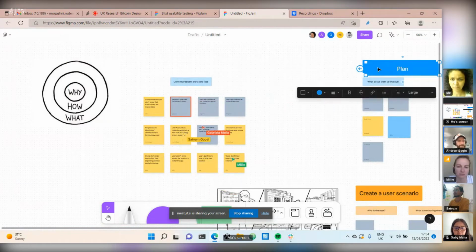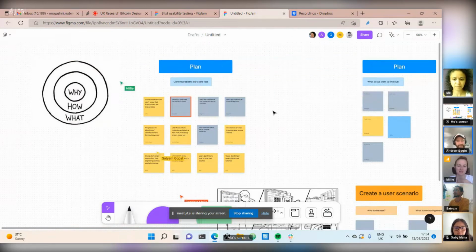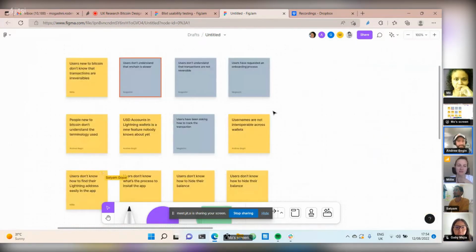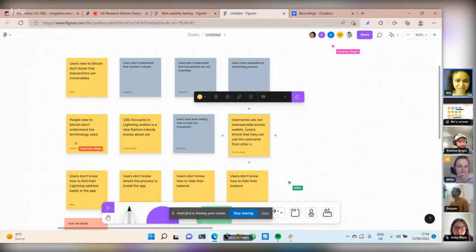The lack of interoperability of usernames is such an interesting problem. What do you mean by interoperable? So they're thinking that they can use it across the various apps. Right, the lack of shared usernames. That is an interesting one.